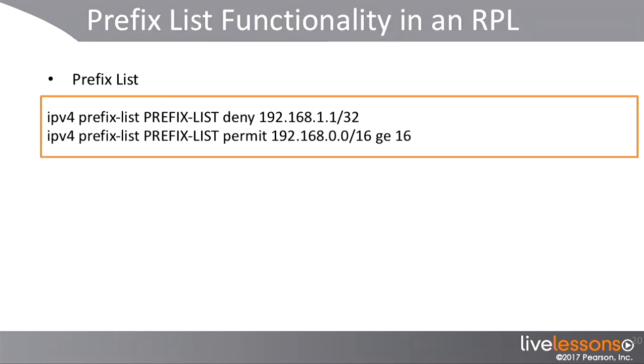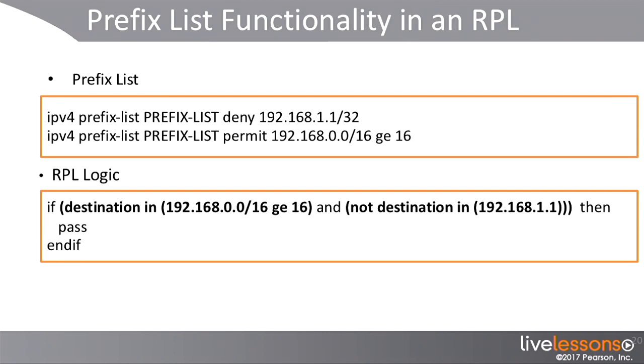Prefix list functionality in RPL. Notice that in IOS, we had to define a separate prefix list to match the criteria in route maps. In RPL, you don't really have to do that. You can have the same prefix list functionality in the matching if statement itself.